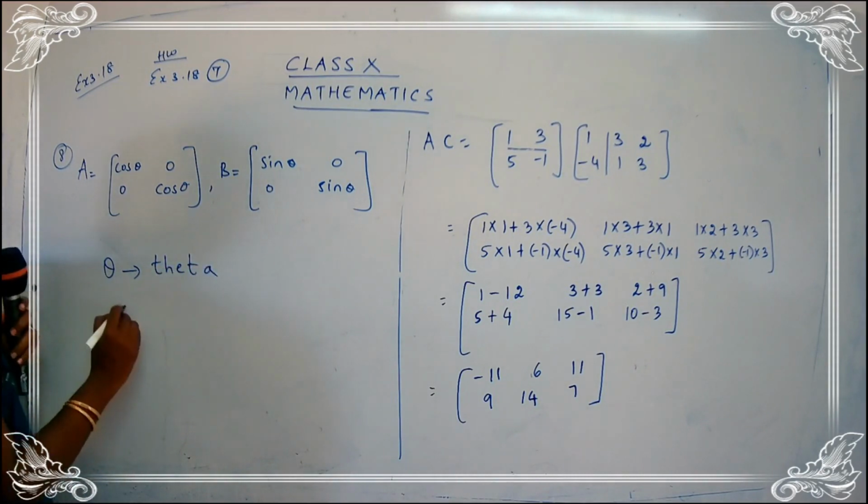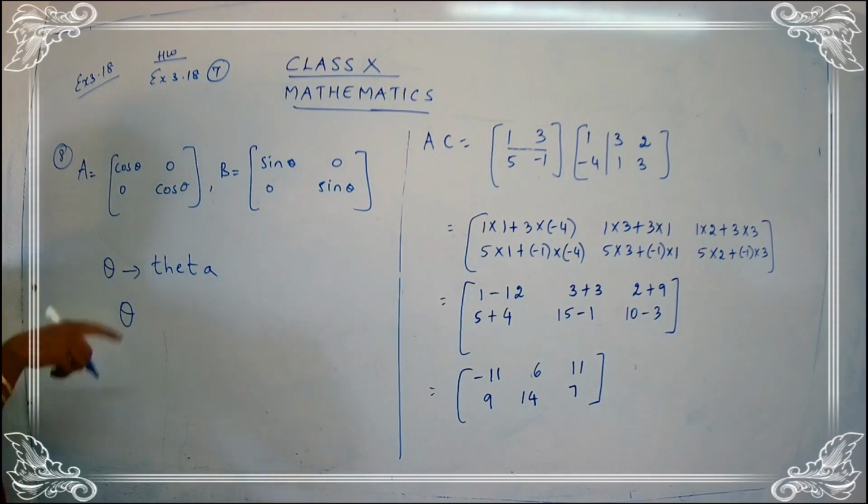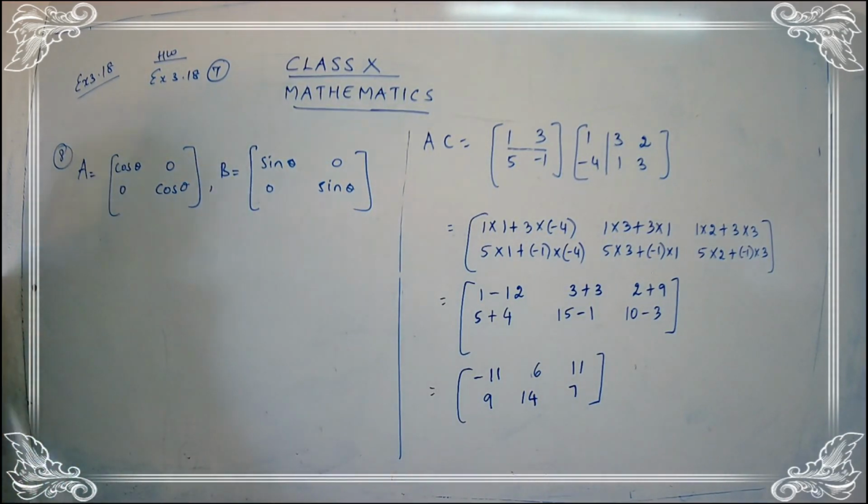Put a circle, 0, and put a line over it. So A is cos theta, 0, 0 cos theta, and B is sin theta, 0, 0 sin theta.